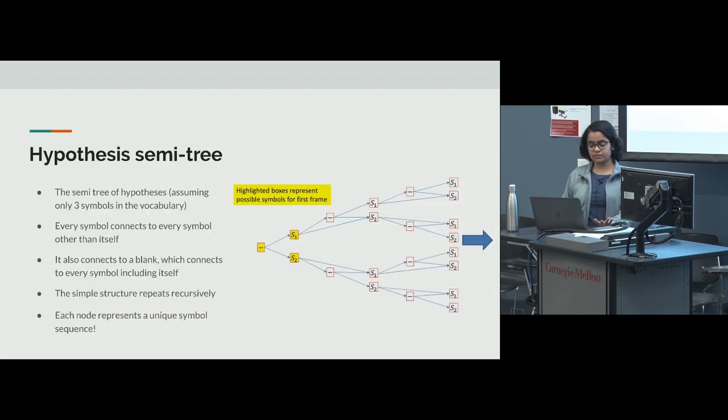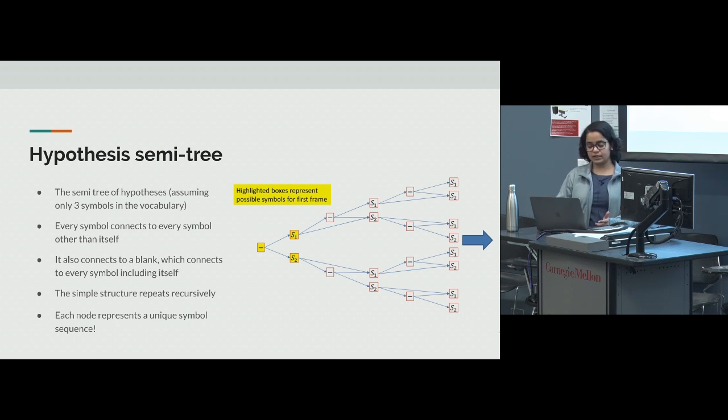Now what's a semi-tree? It's very simple and very intuitive. Moving from this slide onwards, we'll assume that the model can generate only 3 symbols, S1, S2 and a blank. In this semi-tree, every symbol is connected to every other symbol except itself, and it is connected to itself through a blank.